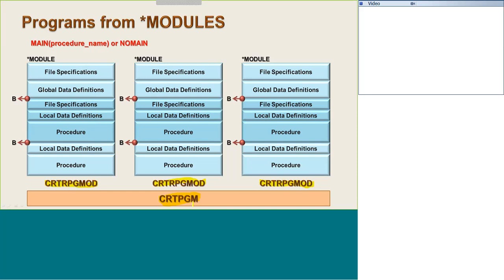One of the modules needs a MAIN keyword, main procedure name, and the other two require a NOMAIN. I.e., when you're building this program, you have to decide which of the procedures is going to be your program entry point. Assuming that one, this module will be the one that has the main procedure control keyword on it, and these two will have no main. So you've got to look at these modules and decide what you're actually going to do with them and what you want to achieve with them, i.e. you're putting them together.